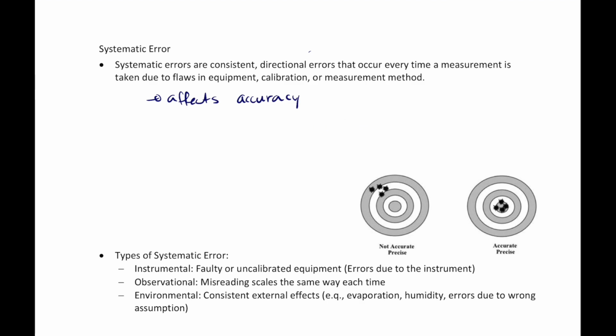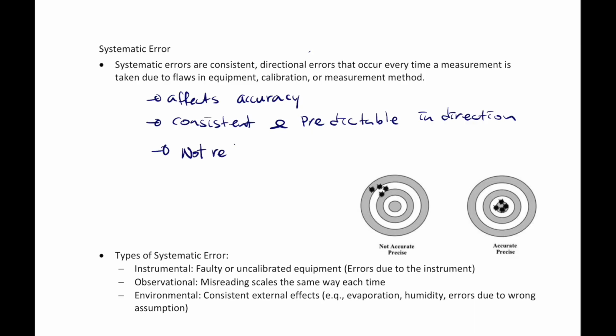Systemic errors are consistent and predictable in direction. And also, they are not reduced by repeating measurements.